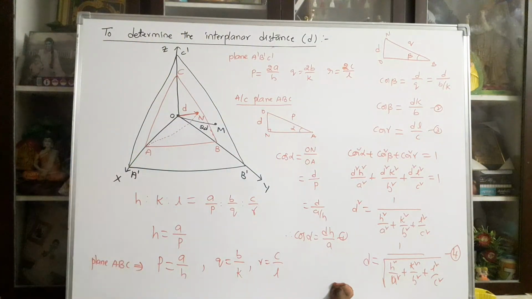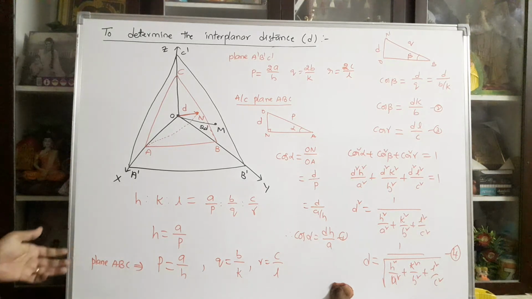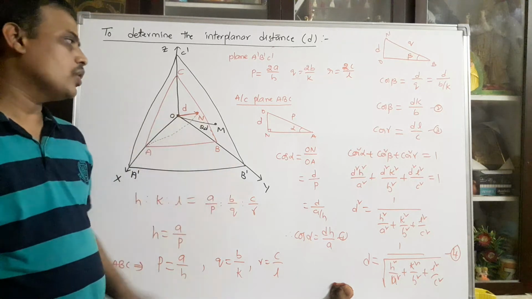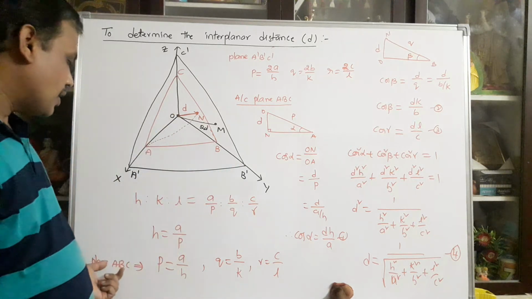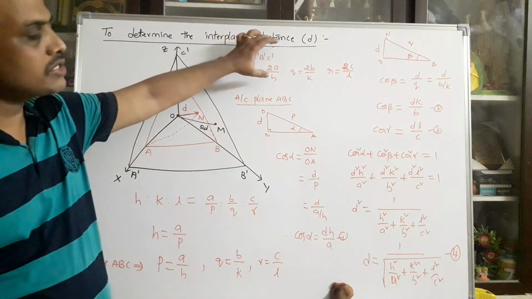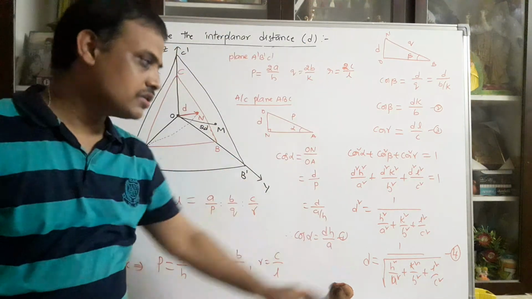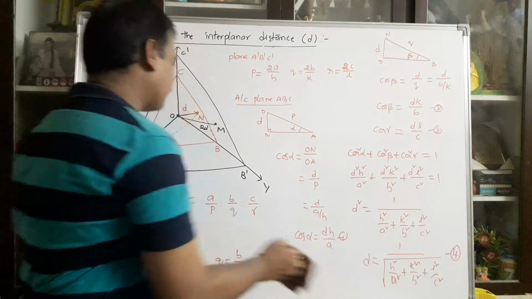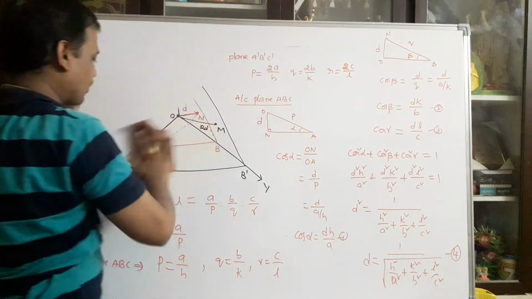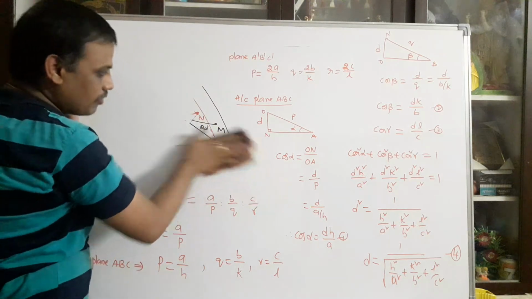This derivation is completely derived for the plane ABC only. So for the ABC plane, the distance from the origin is d. In a similar fashion you can take the plane A dash, B dash, C dash. Similarly you can calculate this, and you get the same derivation.